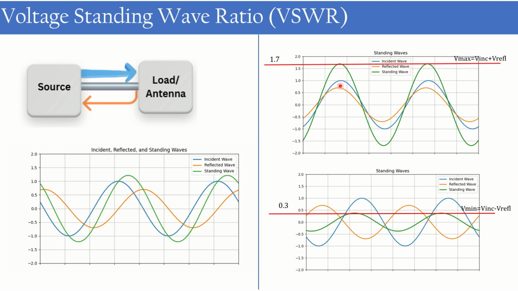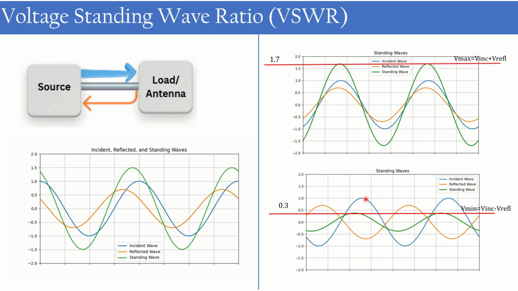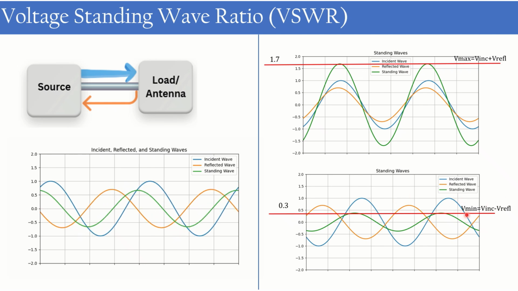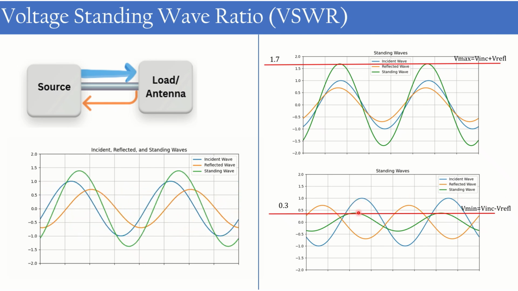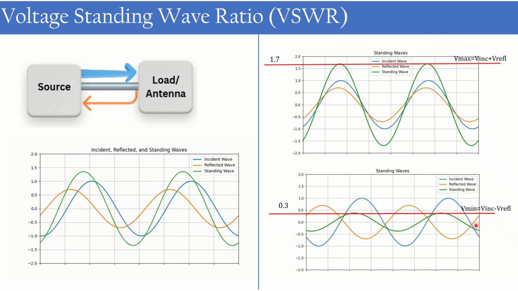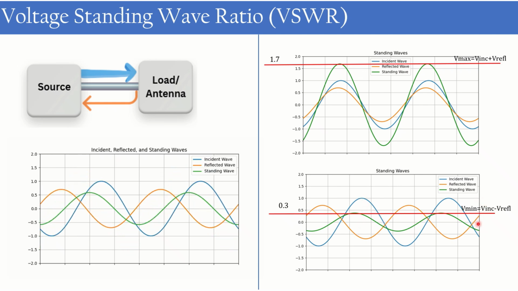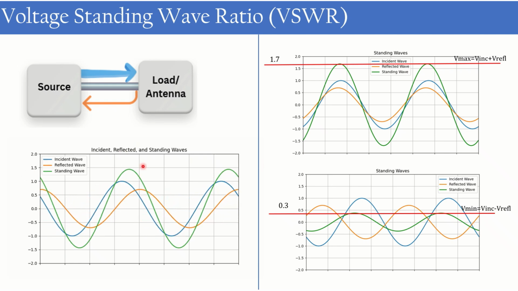When both are in phase they get added up, and when in destructive mode they get subtracted, so V minimum is equal to V incident minus V reflected. Because of the interaction of the incident and reflected fields, we get the standing waves.